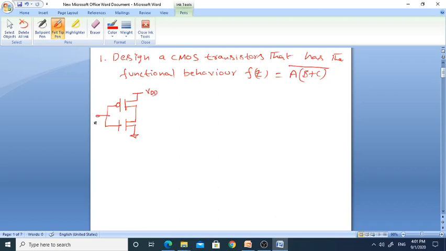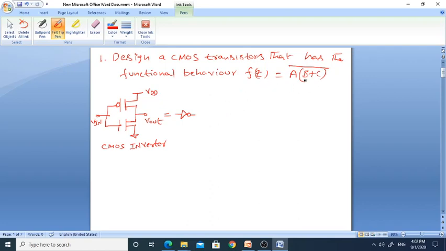This is called the input V in, and this is called V out. CMOS means complementary metal oxide semiconductor. This is a CMOS inverter, and the logic symbol is this one. Like that, by using CMOS transistors we are going to design this functional behavior, A and B plus C whole bar.